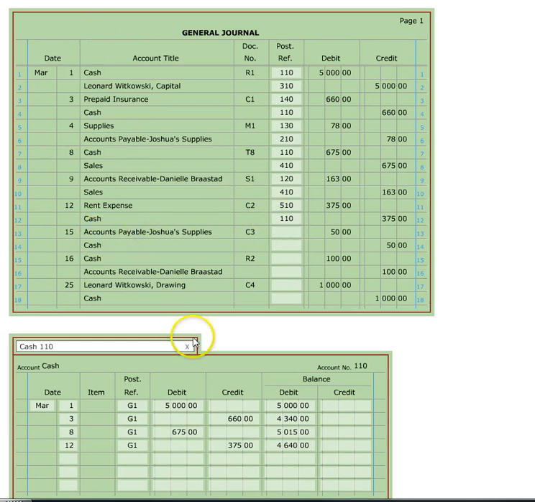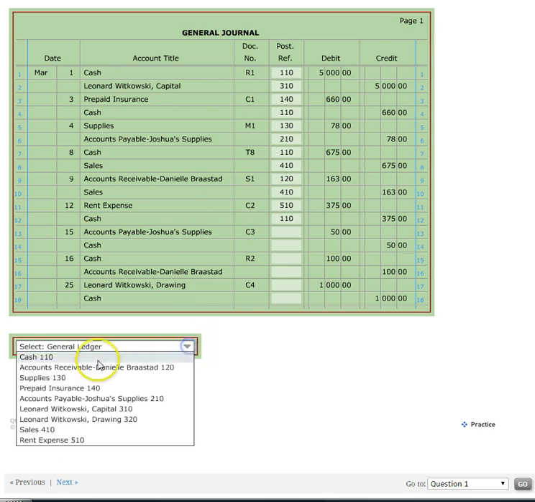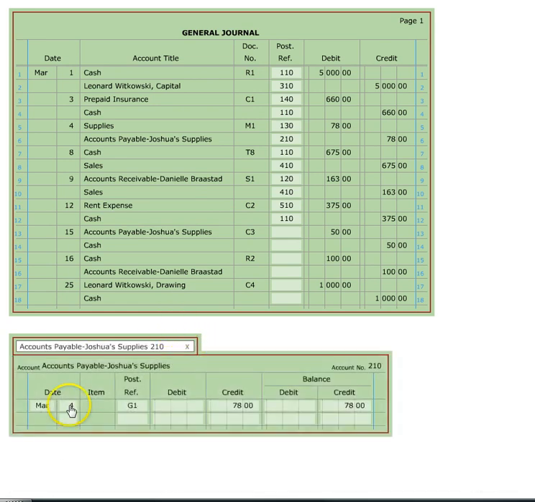Accounts payable, Joshua Supplies. On the 15th, General Journal 1, that is going to be a debit because they're paying, which means they paid $50. They only owe $28 now. Okay, so that leaves a balance of $28.